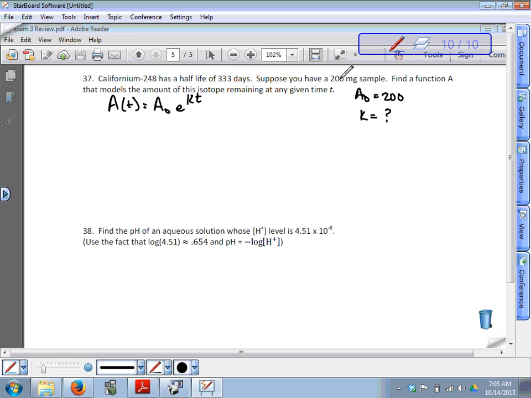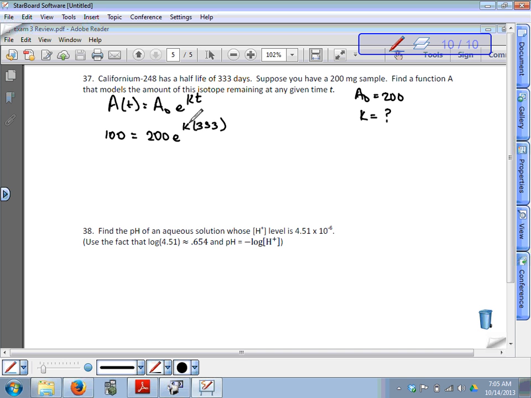So if you start with 200 milligrams and allow 333 days to pass, you're going to have half of the substance remaining, which is 100. So the future amount will be 100 if you start with 200 milligrams and allow 333 days to pass.